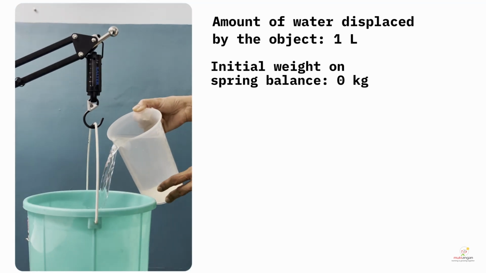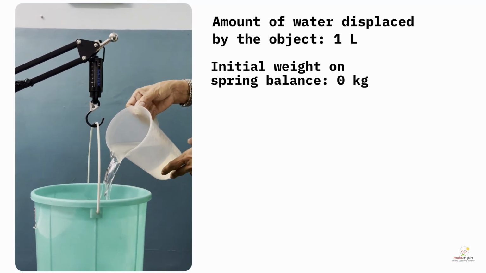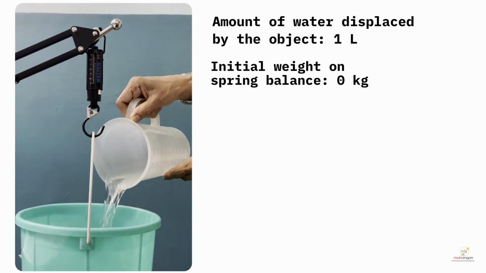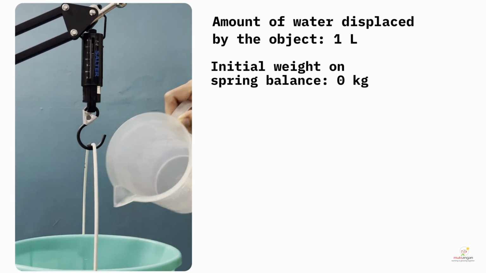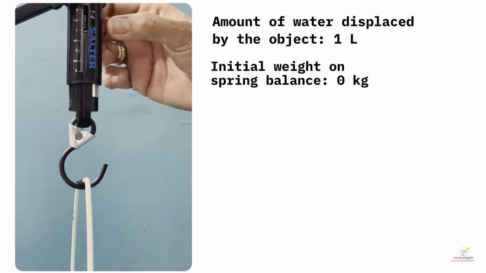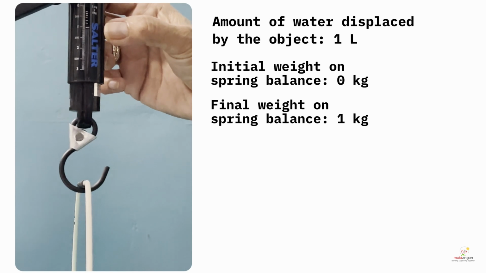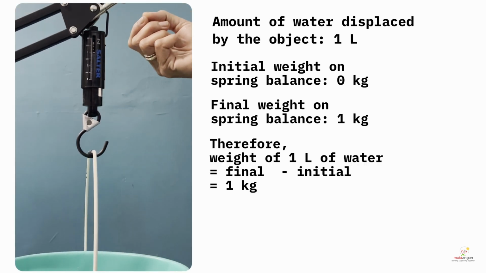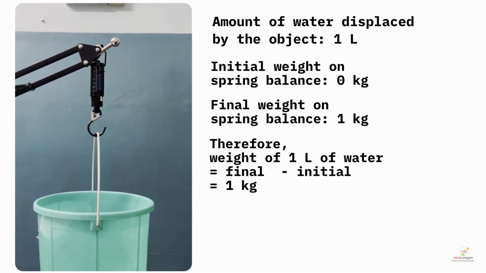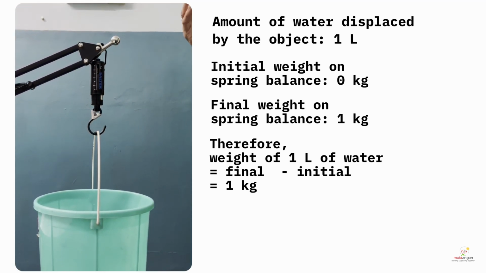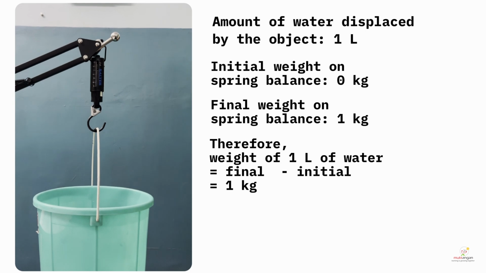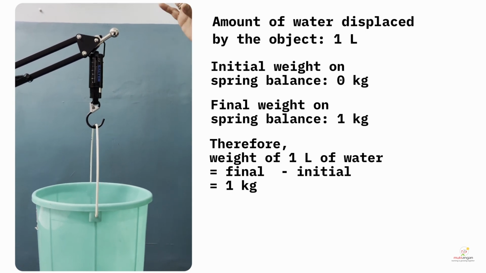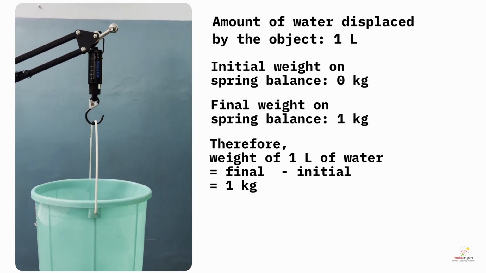And now I'm going to pour this water in here. And if you look closely, it's approximately, or rather exactly 1 kilogram, or maybe there might be a little error. So the weight of 1 liter of water that was displaced by our object is 1 kilogram.